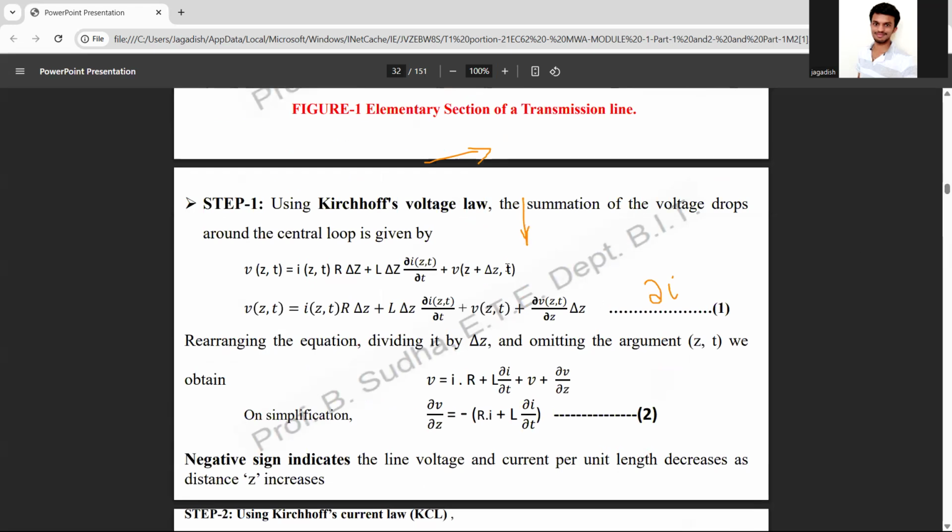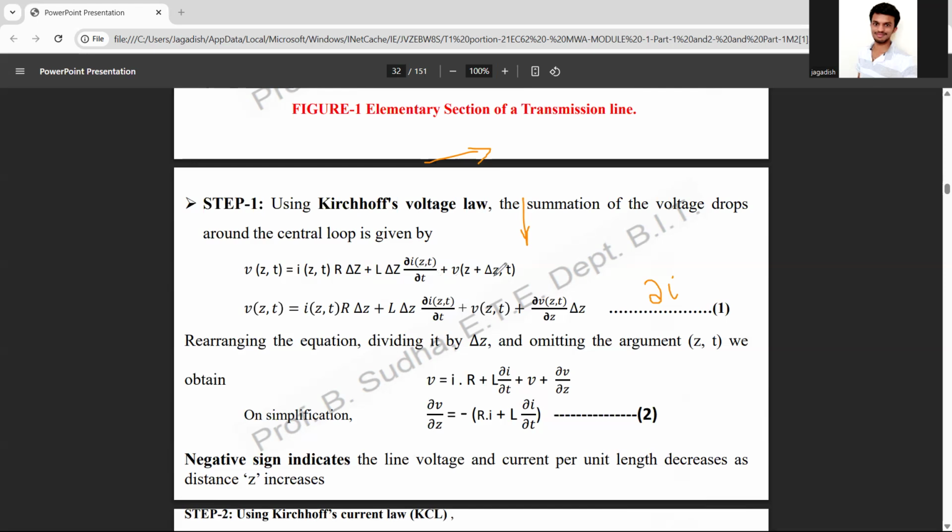Next, v of z comma t is i of z comma t into R delta Z plus L delta Z into dou i by dou t of z comma t, plus v of z plus delta Z comma t. Time is going.